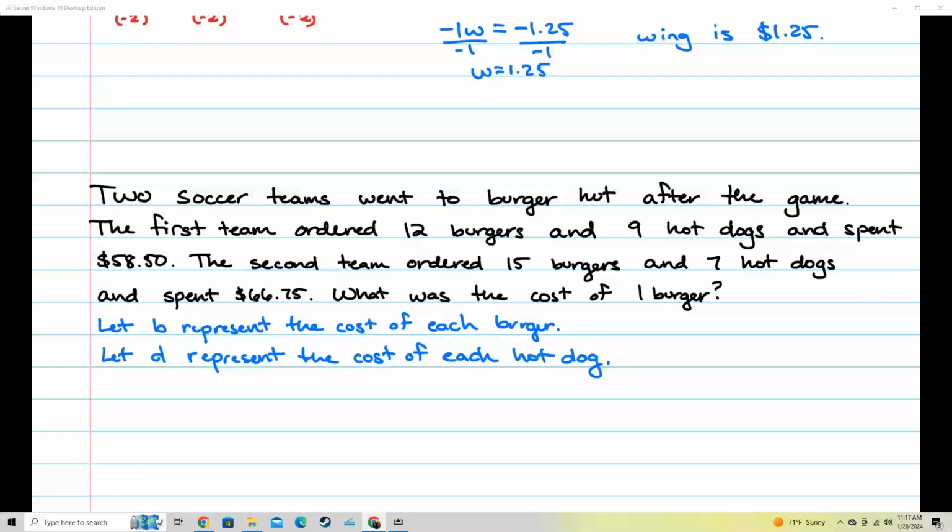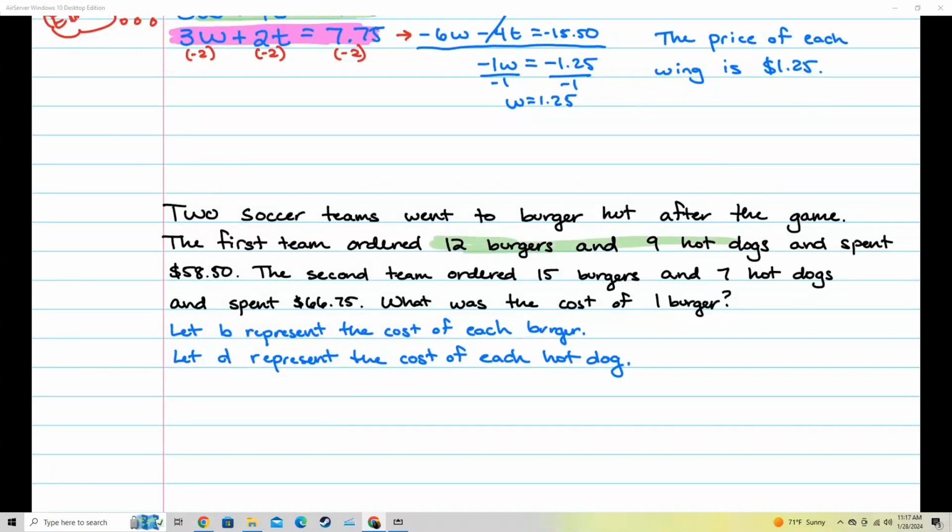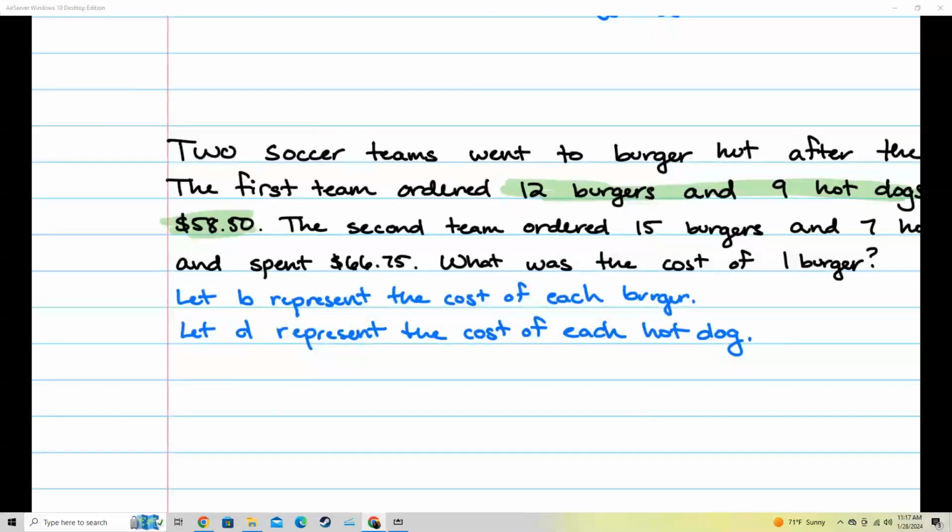Let's see, the first sentence that might give me an equation is that the first team ordered 12 burgers and 9 hot dogs, and what they ended up spending was $58.50. So just like the previous question, 12 burgers. I don't know how much each burger cost, but I know they bought 12 of them. So I'm going to say 12B.